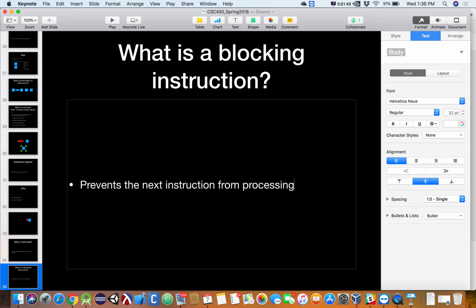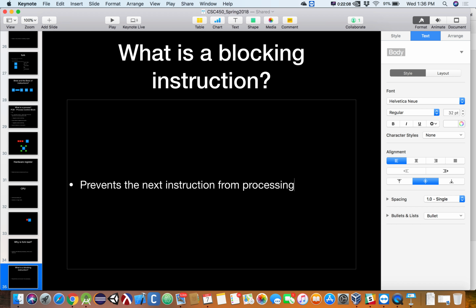But now I can still be sitting here and execute the next instruction. That makes sense? Because I spawned off a little worker bee to do that work for me. So a fork allows us to create non-blocking instructions. So we create this second process who's in charge of handling the current instruction so that the next instruction can move forward.